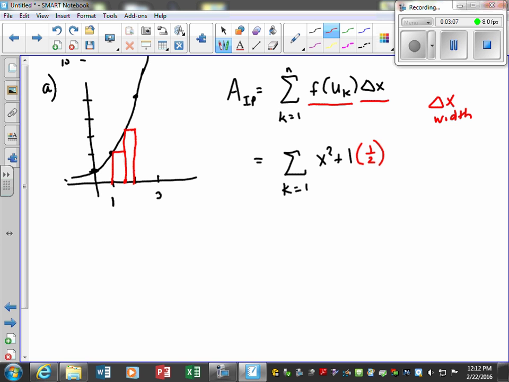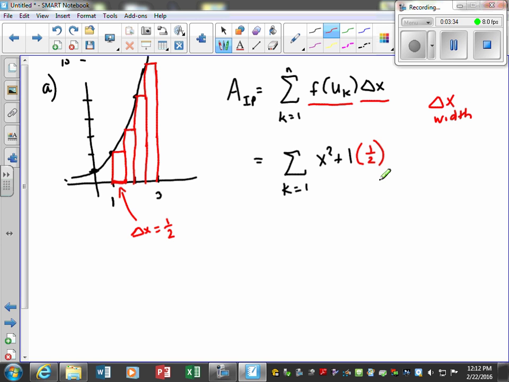That's 1/2. I'm trying to do a rough sketch. And then this one, which of course my 10's off the page, but it's a rough estimate. So the width right here is delta x equal to 1/2.